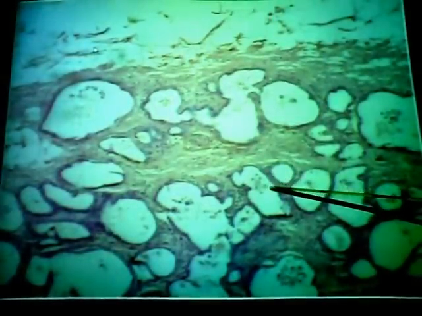And this is a section through the mammary gland. Now what you have here are clusters of milk-secreting cells, the alveoli. And that's what these are. They secrete the milk in the interior, and then it's picked up by lactiferous ducts and then carried to the nipple, where it is extruded.